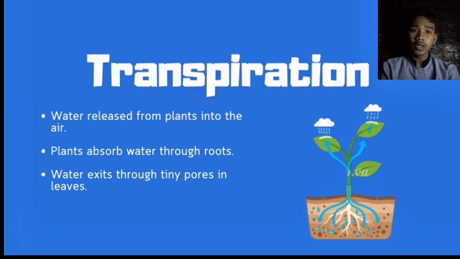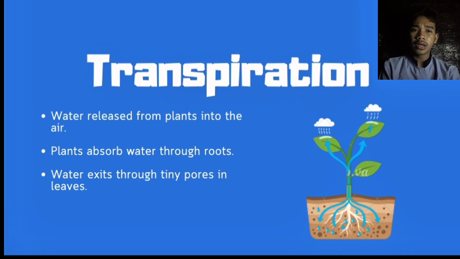Plants absorb water from the soil through their roots. Some of this water is used by the plant, but a portion of it escapes through tiny openings in their leaves. Because this process releases water into the air, transpiration is sometimes called plant evaporation.